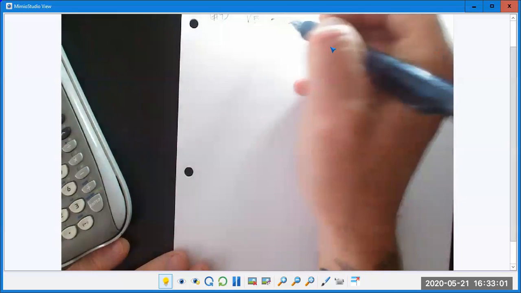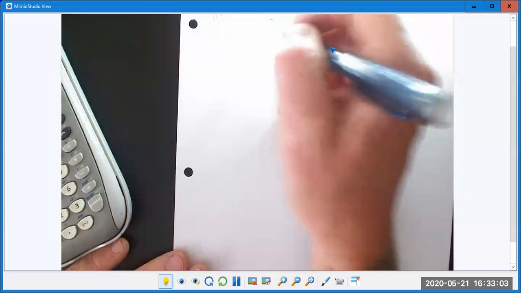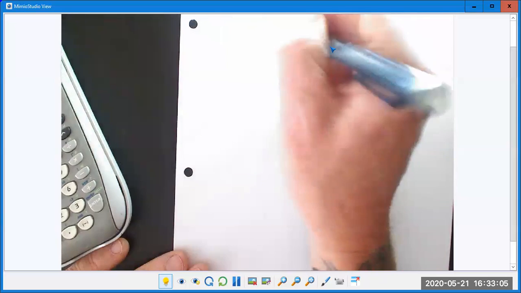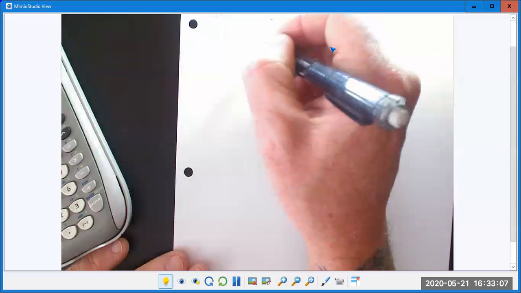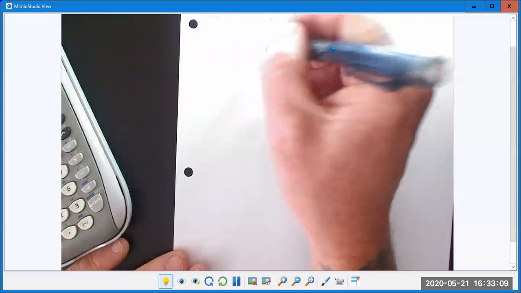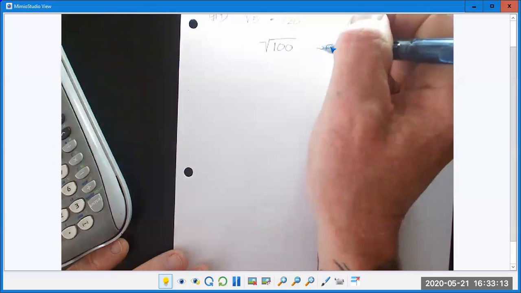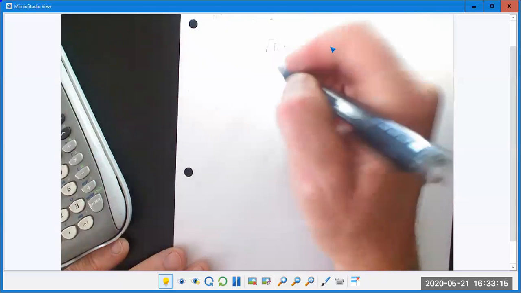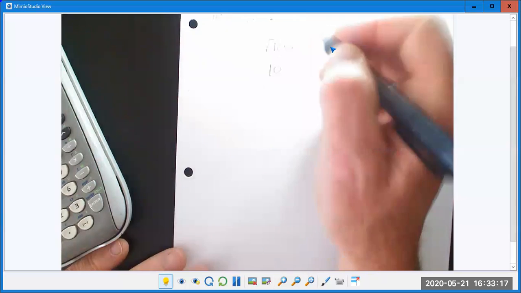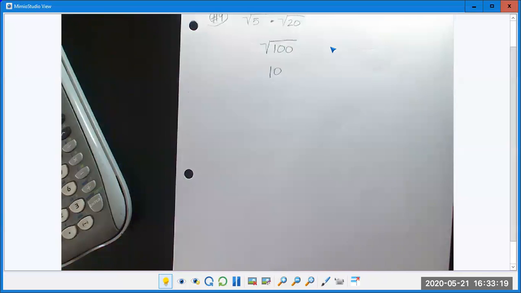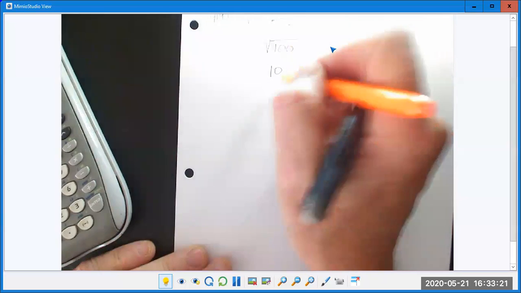So if I have radical 5 times radical 20, that gives me, what's 5 times 20? Radical 100. Is 100 a perfect square? Yes, it is, Mr. Eustace, and it is 10. So the square root of 100 is 10.